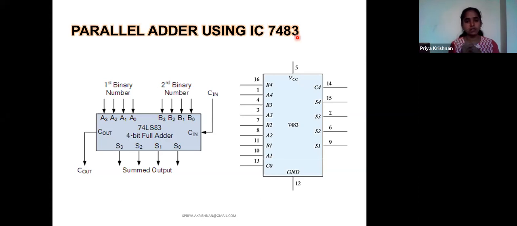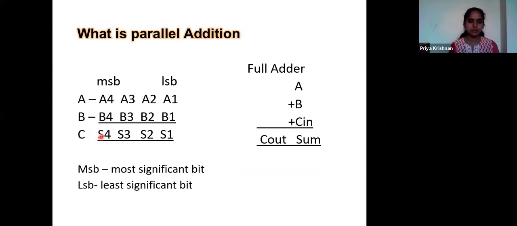So for that we already have a ready-made IC which can do this parallel addition. What is that IC? It is IC 7483. This is the IC. It is a 16-pin IC, and it has a 4-bit A set of inputs and a 4-bit B set of inputs. And Cin, obviously, we will connect to 0 or ground, and Cout is the output of the last full adder.